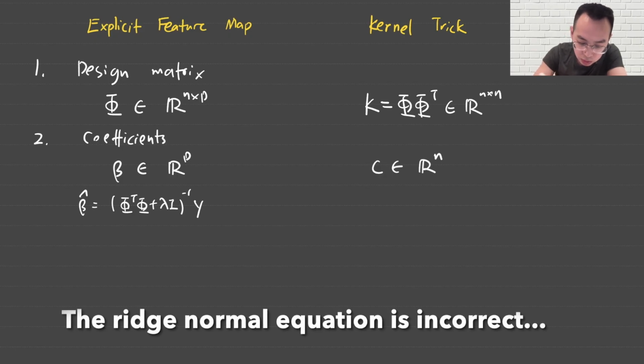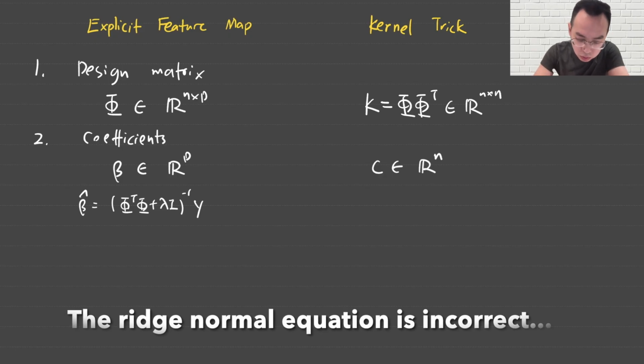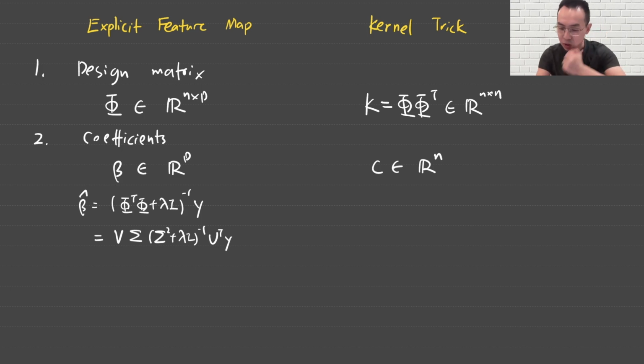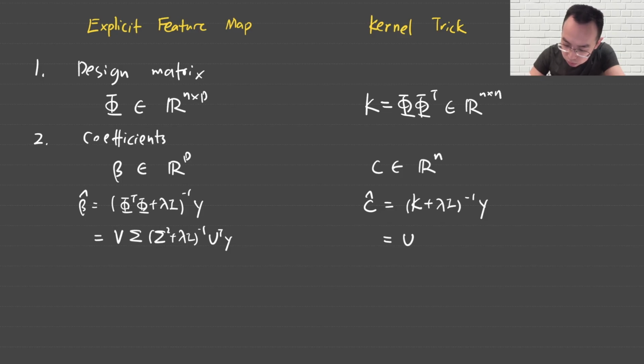If we use the SVD, then for the SVD closed form, we'll have V times sigma square plus lambda I inverse U transpose Y. And for the kernel trick, our C parameter equals, in closed form, K plus lambda I inverse Y. And for the SVD of that, that's going to be U times sigma square plus lambda I inverse U transpose Y.